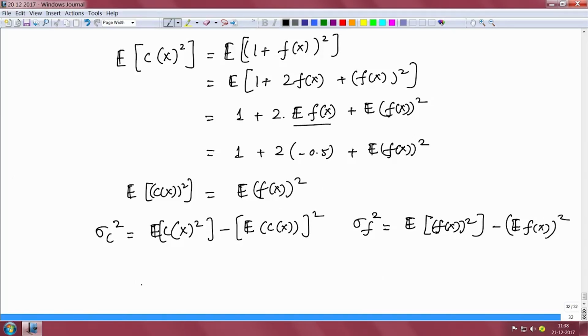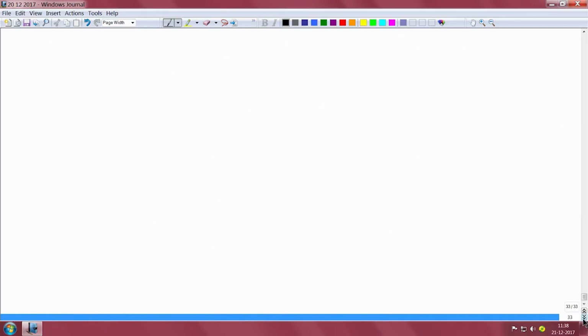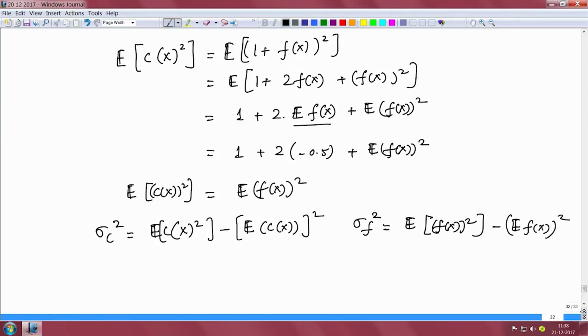Now to compute these is a little challenging, and from these equations we realize that this is actually the expectation of c of x squared minus mu c squared.